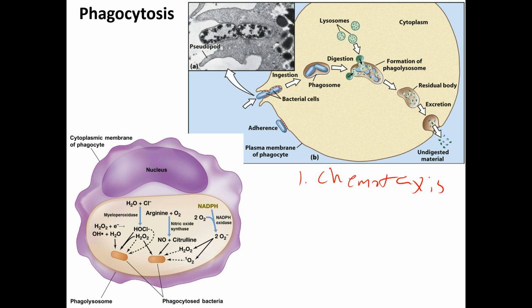They move towards the higher concentration of these chemical signals. Next, you're going to have adhesion, basically the attachment of these microbial cells to your phagocytic cells. This is going to be an interaction between the PAMPs and the pathogen recognition receptors.